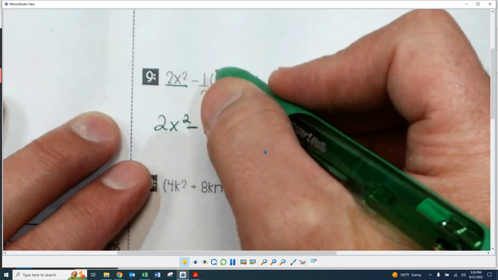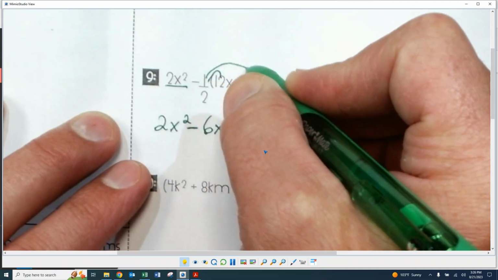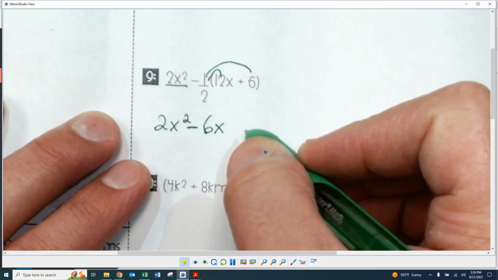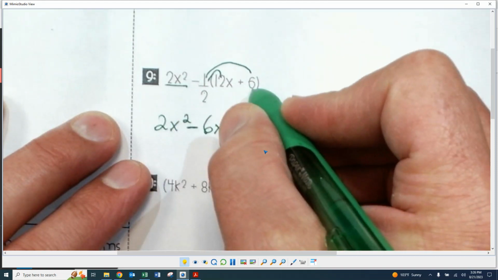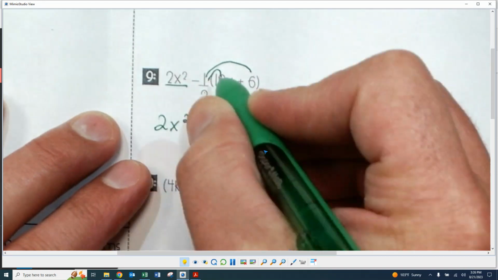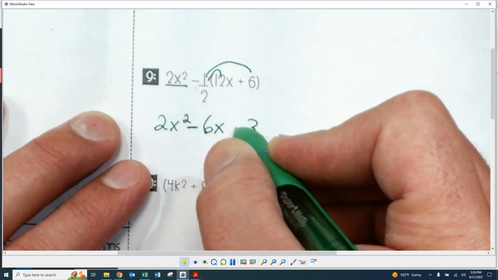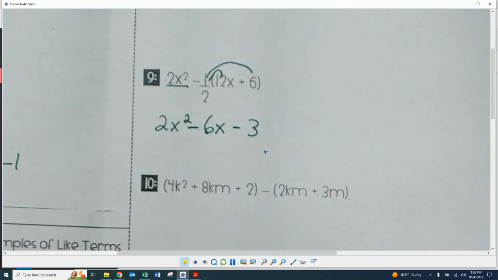Talk your way through it. Here I have negative 1/2 times 6. Half of 6 is 3. Negative half, positive 6, that gives me a negative. Just talk yourself through it.